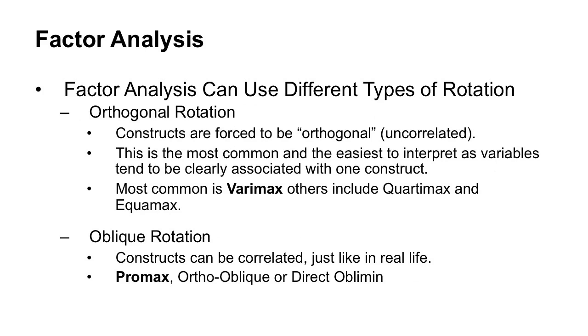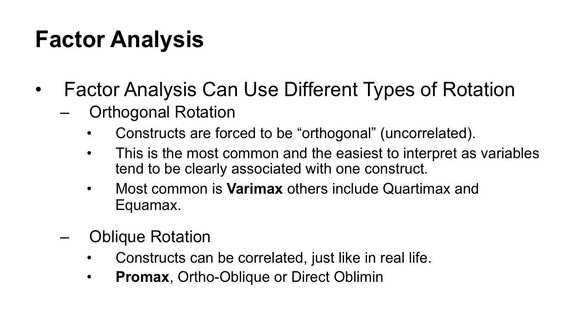Over the next couple of slides, I'm going to go through some terminology with a view to applying it a short while thereafter. Bear with me, though, as we go through some of these terms that might seem a little foreign at first. When we conduct factor analysis, we have to select which type of rotation we'll use. There are 2 types.